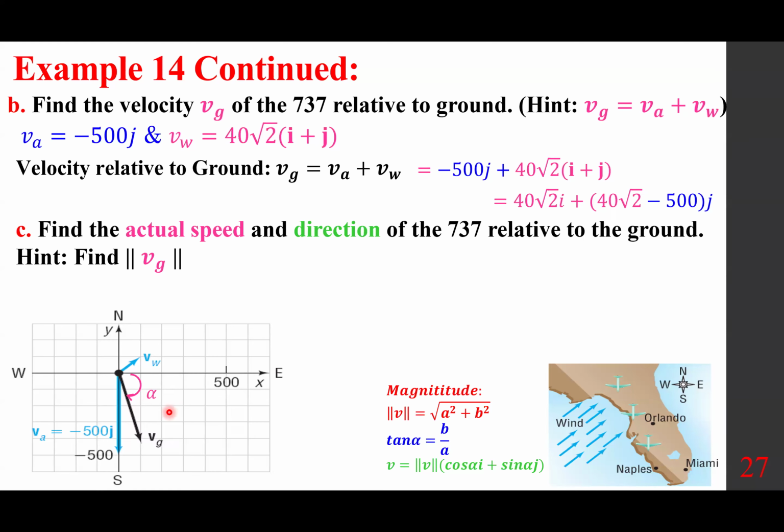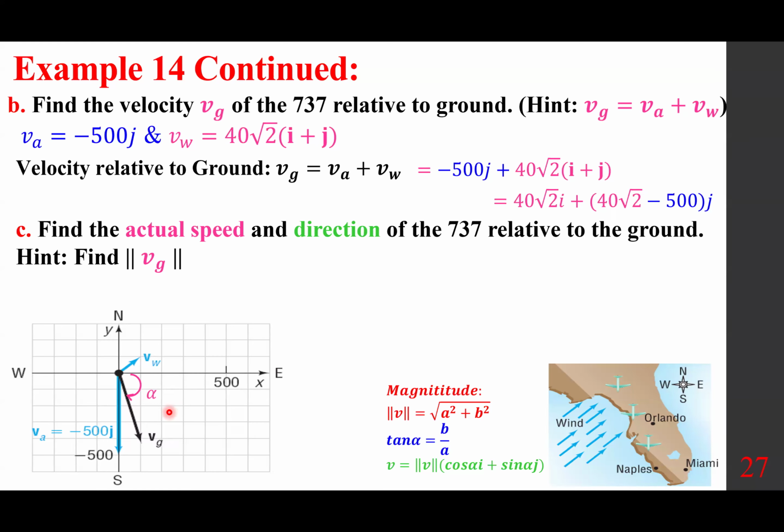So we're going to divide this number by this number. Again, you have to put it into a calculator. Whatever this number is, alpha would be tan inverse of this number. Alpha is tan inverse of this number, and we get negative 82.7. So this is negative 82.7.